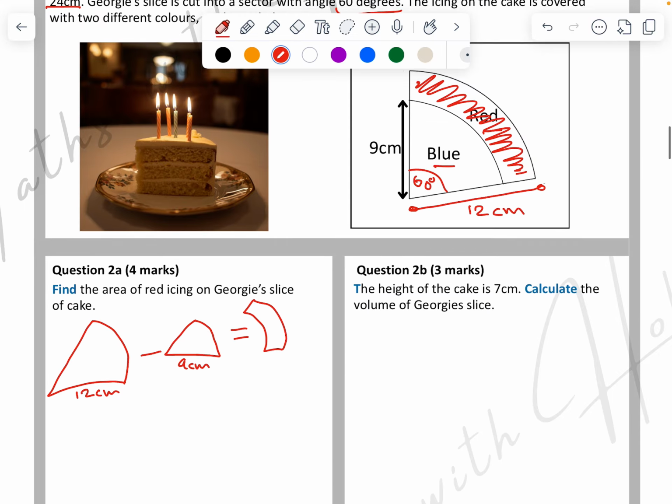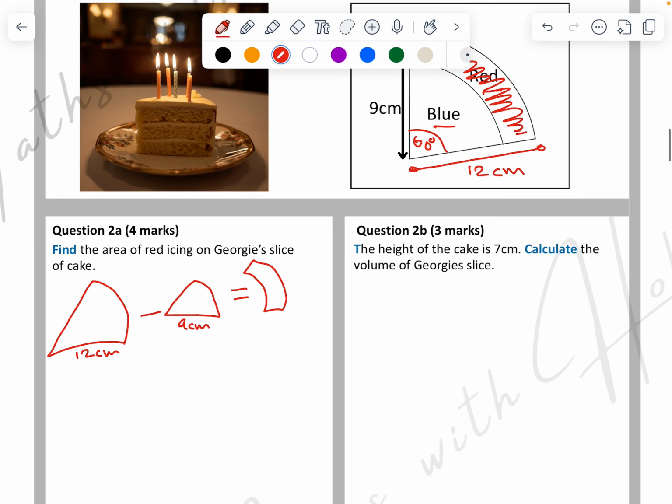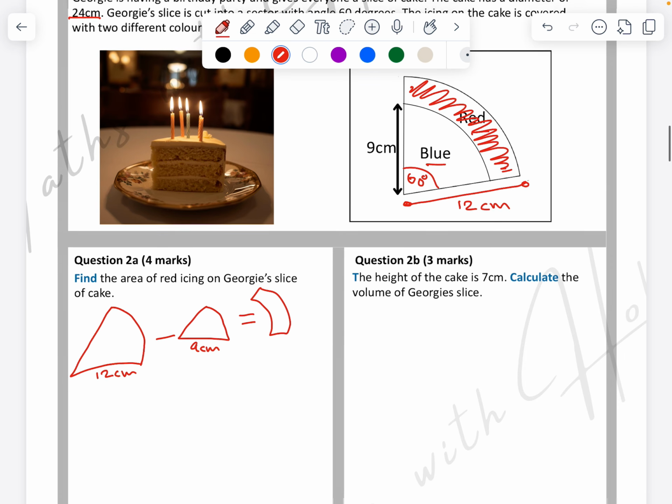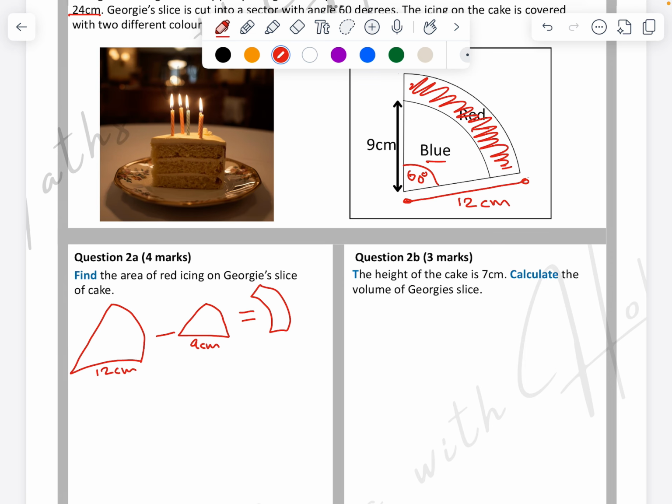So the first thing you should do is decide how you're going to answer the question. Then the second thing is to actually answer it. We know that the angle is 60 degrees, so 60 divided by 360 times the area of a circle, which is pi times 12 squared for the first one.